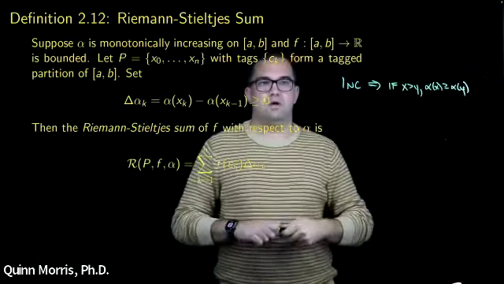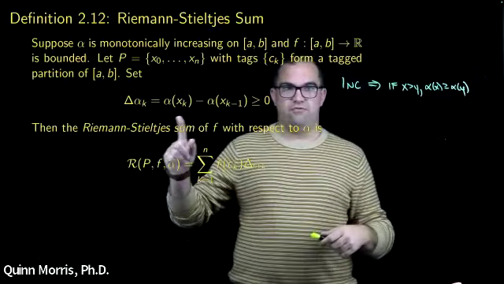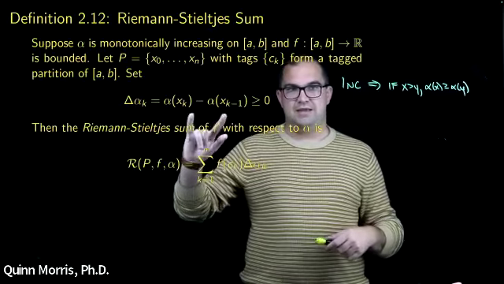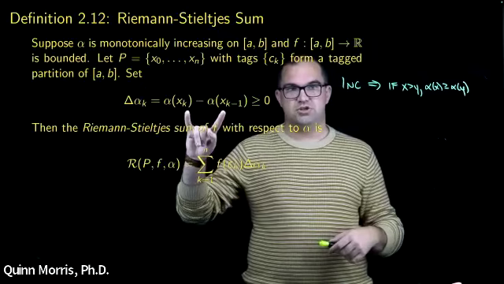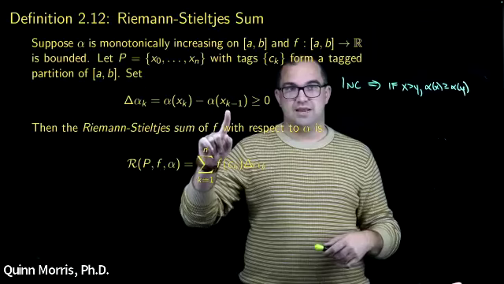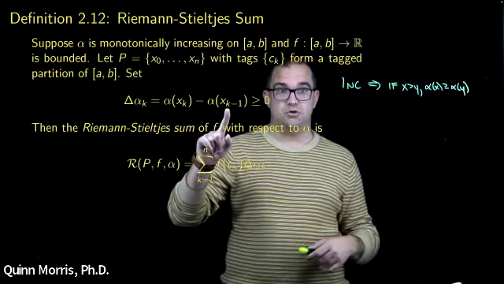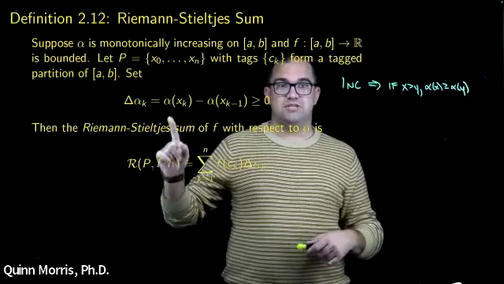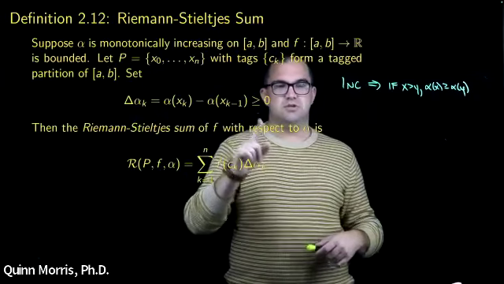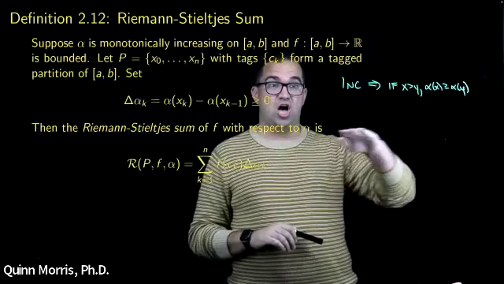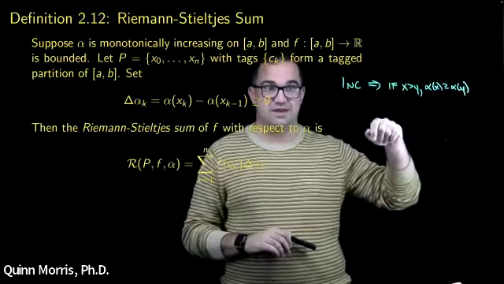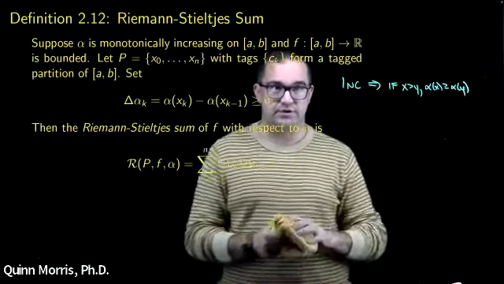Okay, so because this alpha is increasing, and my x sub k values form a partition, x sub k must be strictly larger than x sub k minus 1. However, once I transform them by alpha, this could be 0. So technically a constant function is considered increasing under this definition, which is the standard definition of increasing.